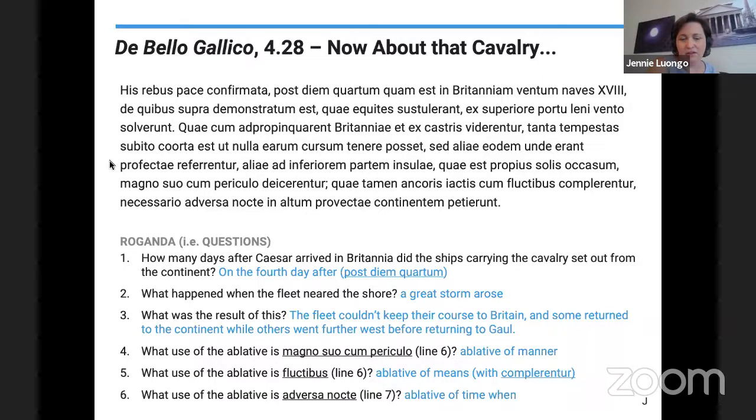A great storm arose, cum ad Britanniam appropinquarent, when they were approaching Britain. And how great was it, right? Yeah, exactly. And viderentur, they were seen from the camp, so they got excited that they were coming, but then this storm arose. How great a storm? Tanta tempestas, such a great storm. So great a storm.